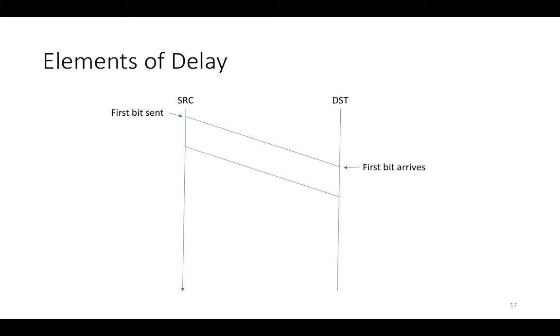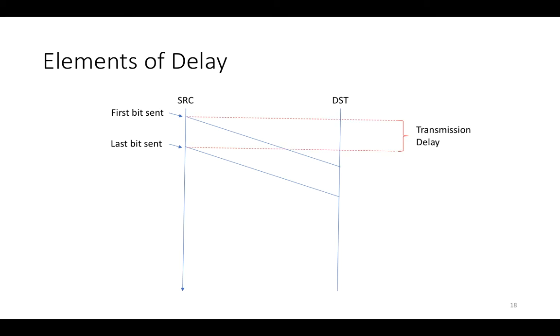And then on the right here, we see the time at which the first bit arrives at the destination. Finally, the source finishes transmitting. This amount of time from the first bit sent to the last bit sent is the transmission delay. That last bit gets sent and then must propagate from the source to the destination. So sometime later, the last bit of that packet arrives at the destination.